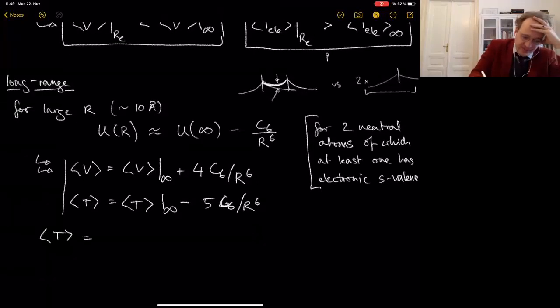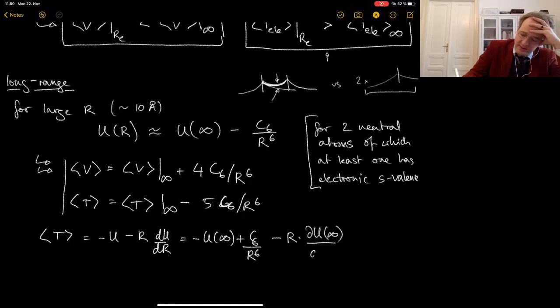T minus U minus R dU/dR, minus U infinity plus C6 over R to the 6. And now comes the fourth term. So we take R dU at infinity/dR. So this is 0 minus the derivative of the C6 over R to the 6th term.